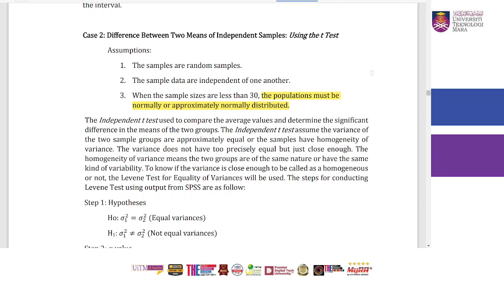Okay, so for the Z test, the case one, it doesn't matter whether you have equal variance or unequal variance. But for using the t-test to determine the difference between two means of independent samples, the first thing that you need to do is to test whether the variance is equal or not.